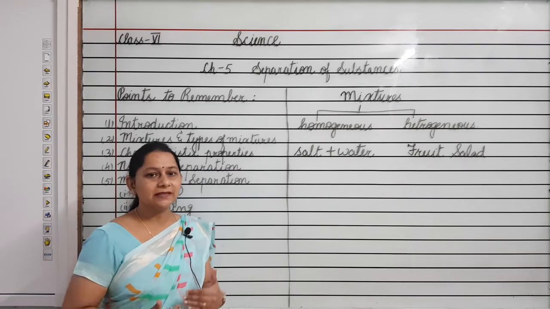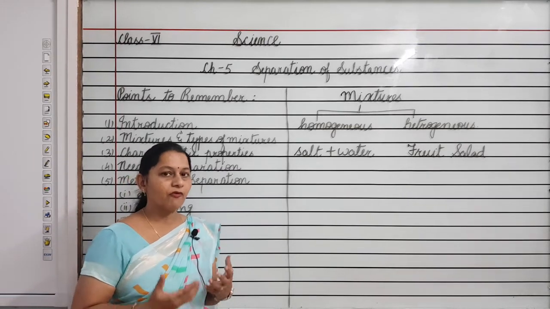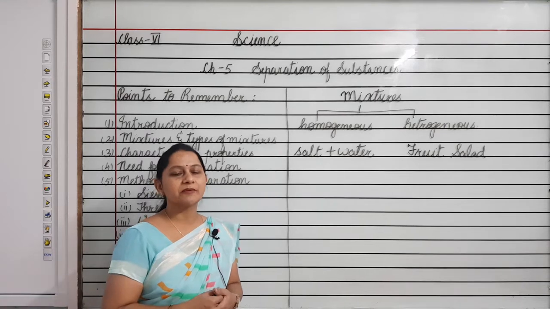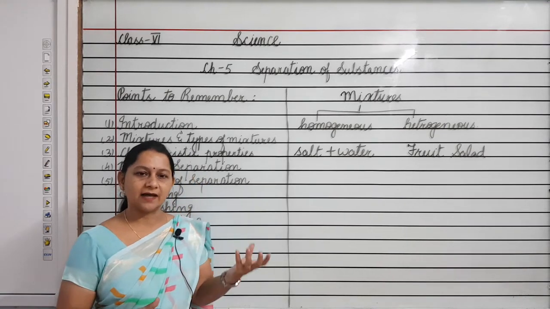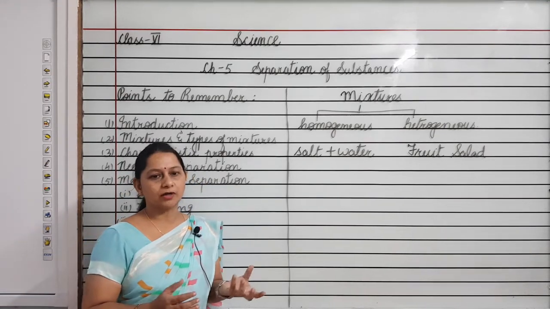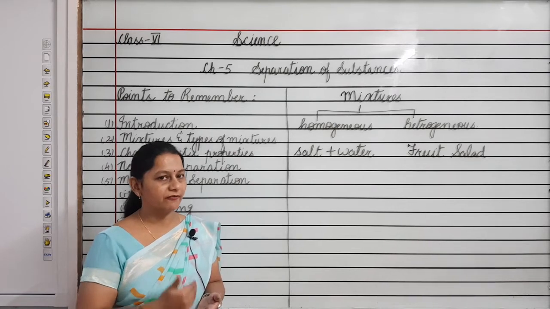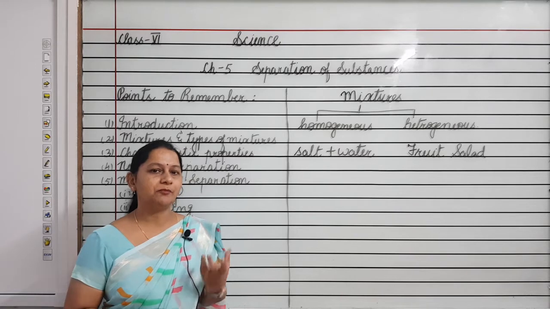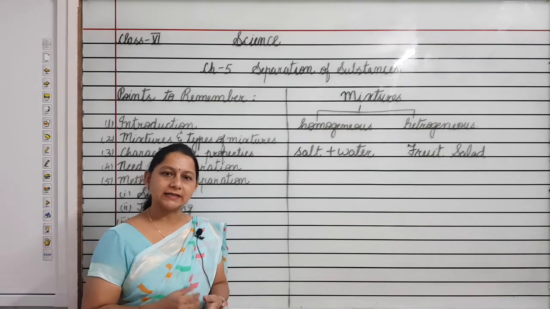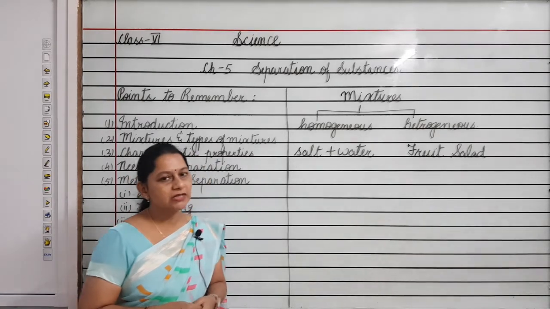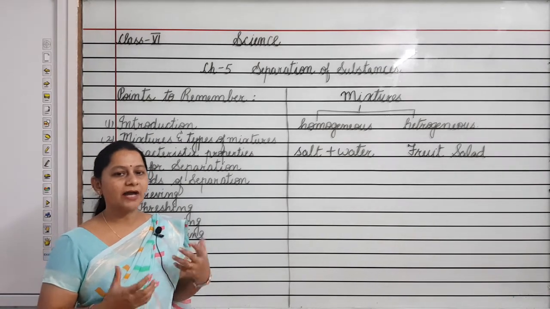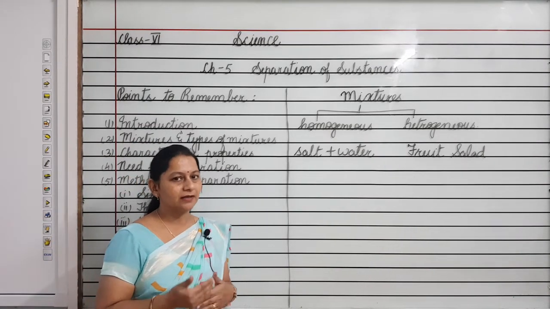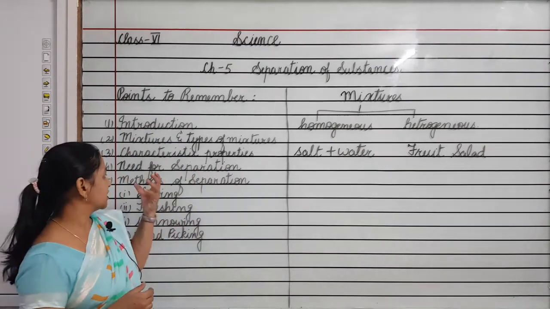To obtain this pure form of water, we need to separate the impurities, and after separating the impurities, we get the highly pure form of water, that is distilled water. So, these were the needs. Why do we separate the components of mixtures?